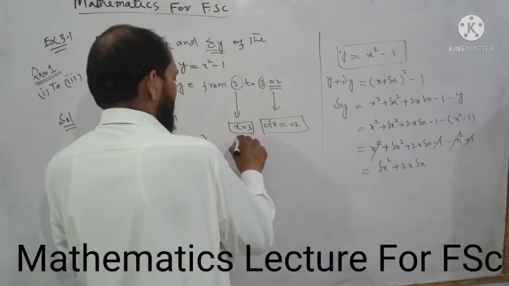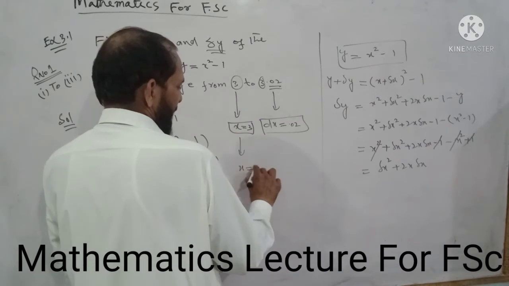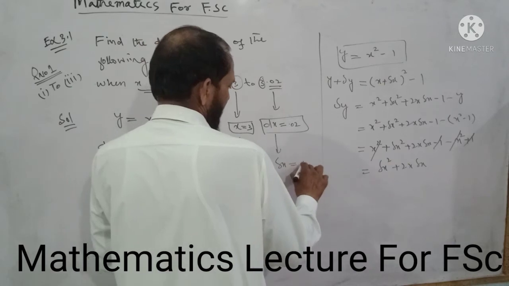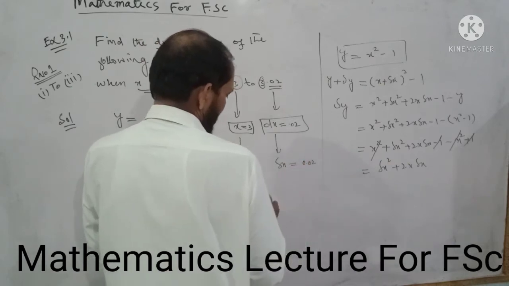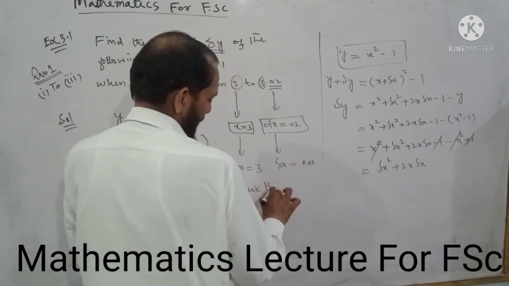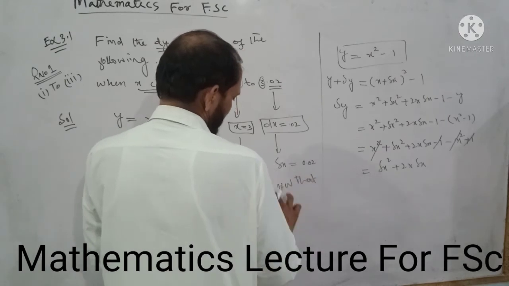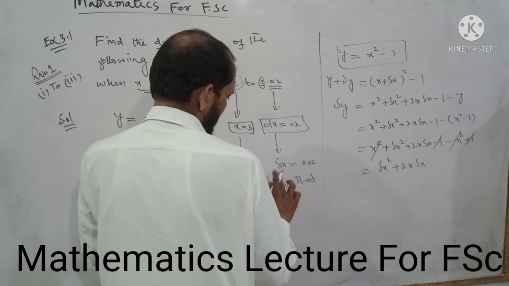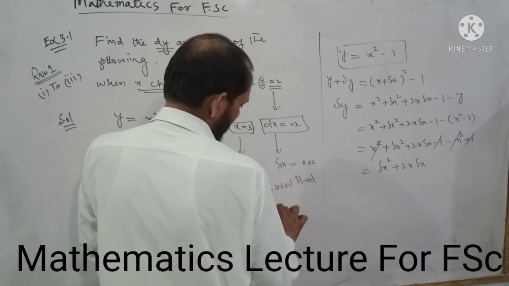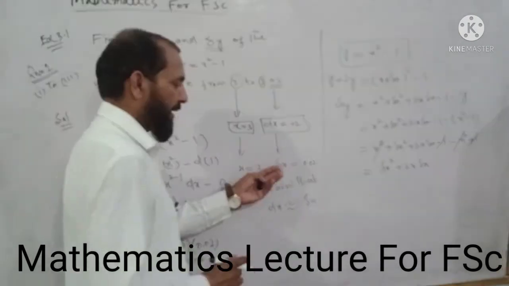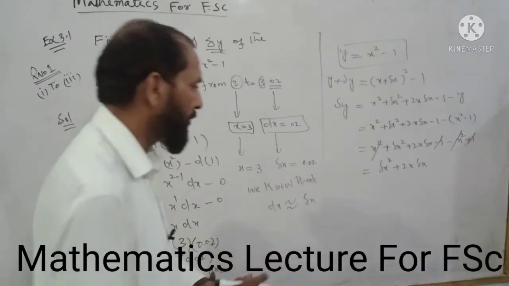You know that x is equal to 3, and this is changed at del x. We know that dx is equal to del x, so del x takes the value 0.02.